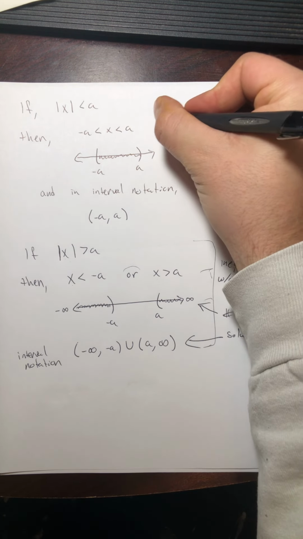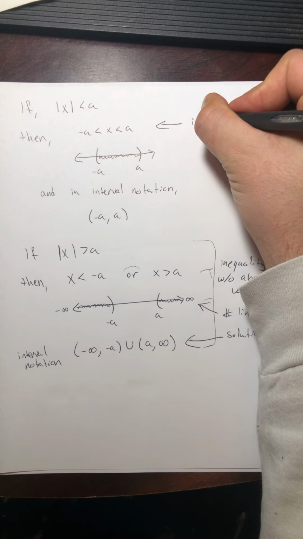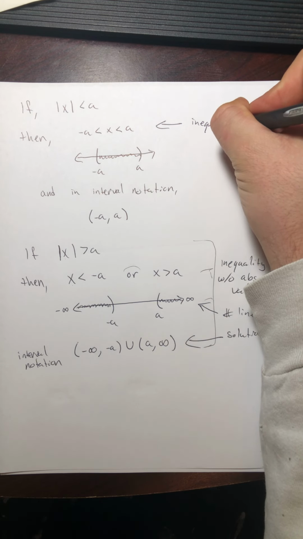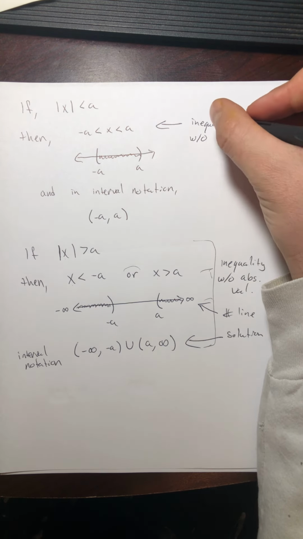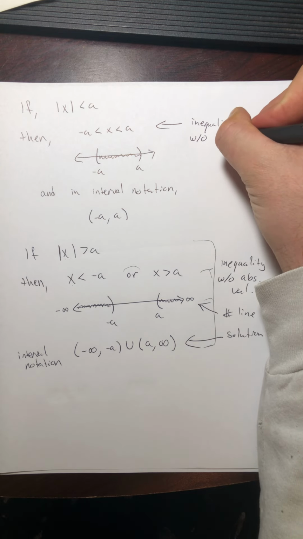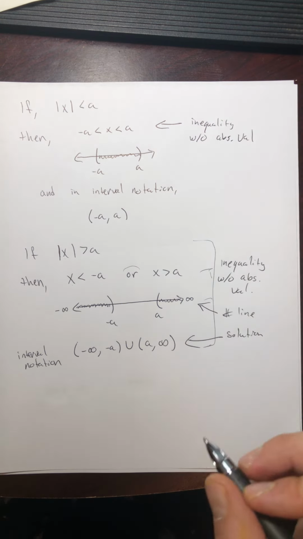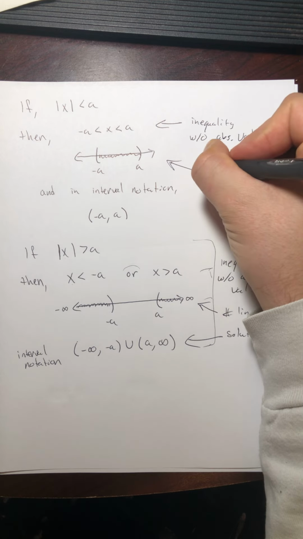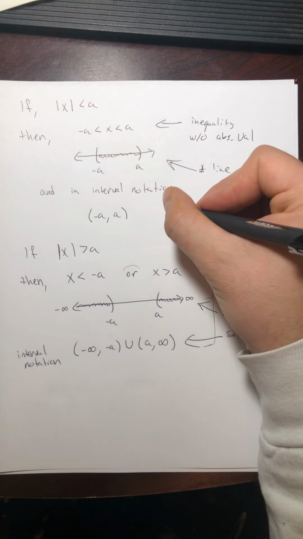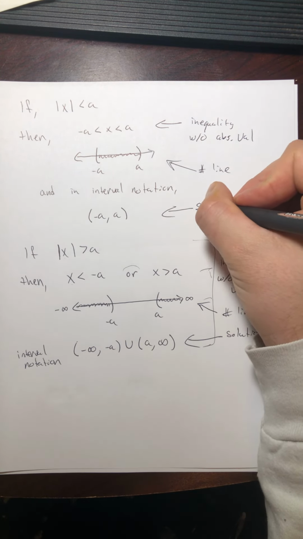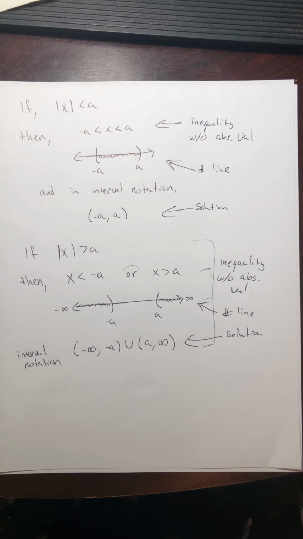So right here, if we go back and look at the less than, here's where we would have the inequality without the absolute value. Then we can take that, draw the number line, and solution in interval notation.